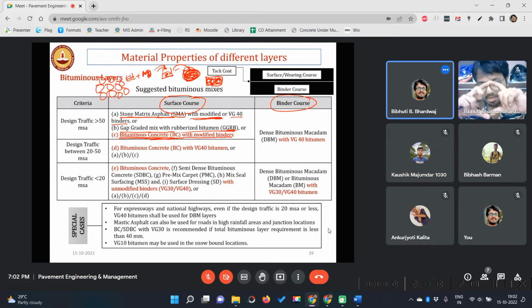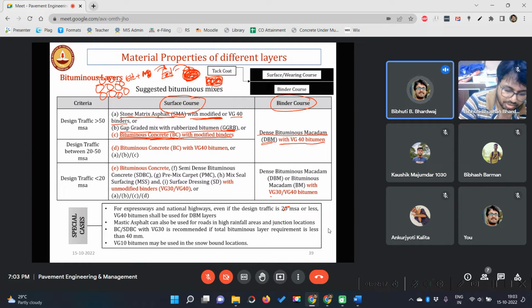You should not have high quality materials throughout these two layers. One layer you can provide high quality materials, the second layer you can provide low quality materials. So in the binder course, you can simply provide this dense bituminous material where the aggregate sizes will be large, so the cost is also reduced.